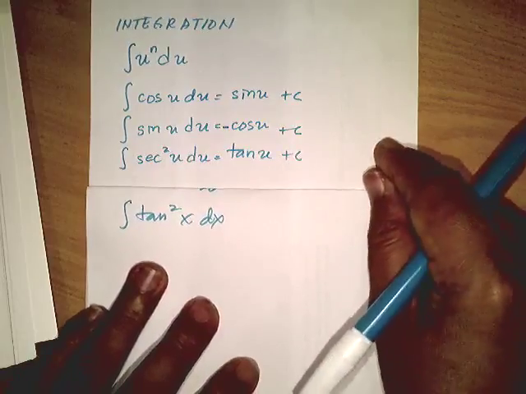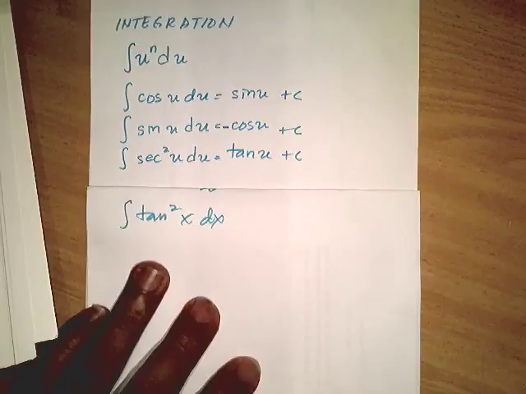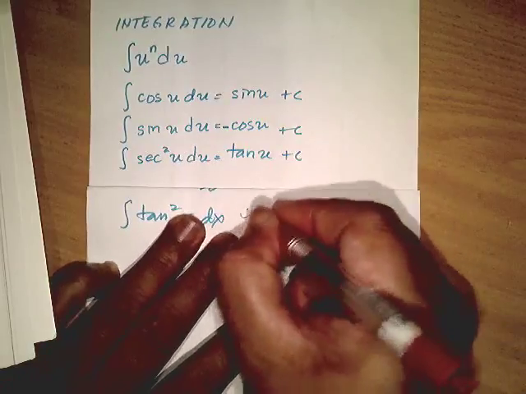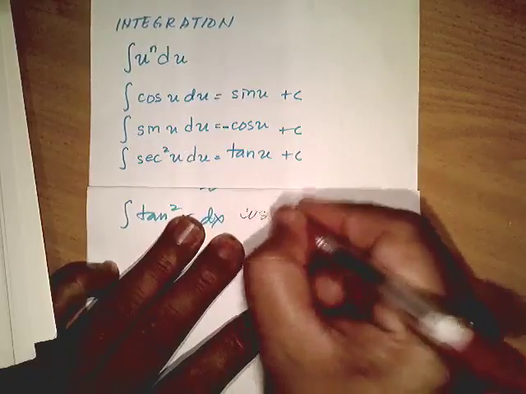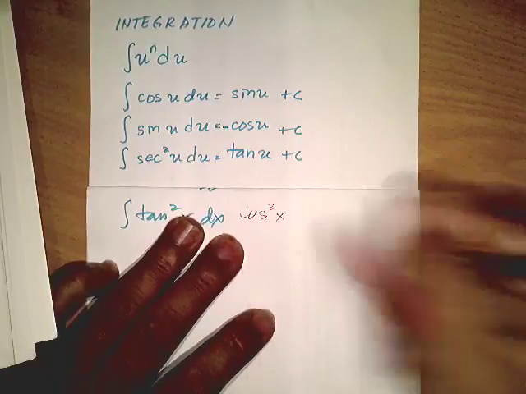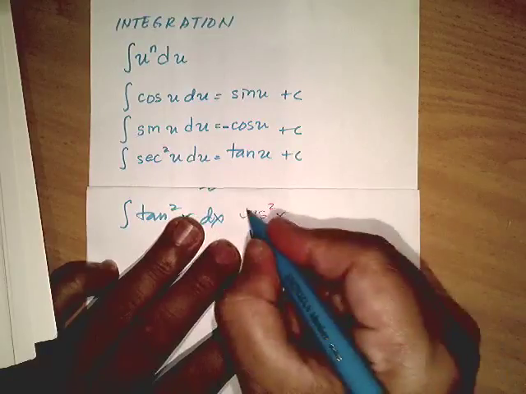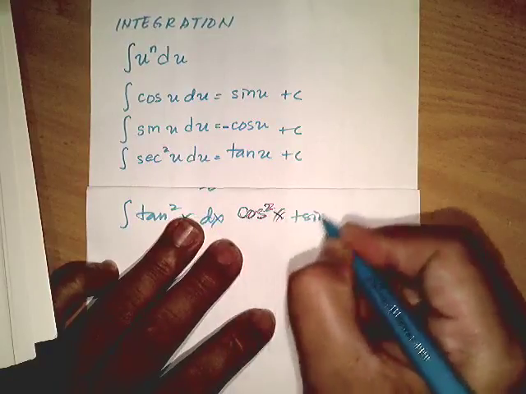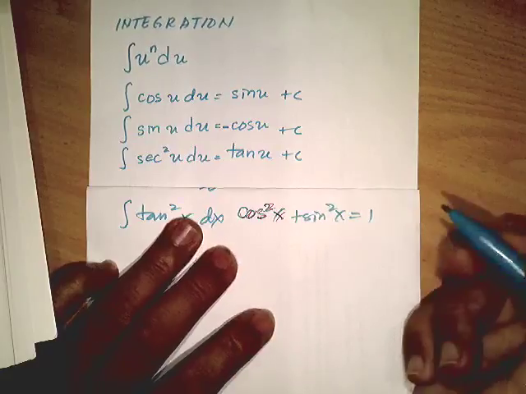So let us review first our simple trigonometric identities. We have said that cosine squared x plus sine squared x equals 1.